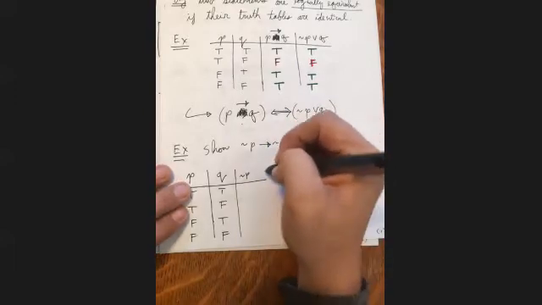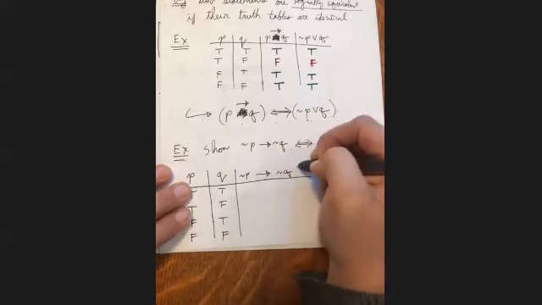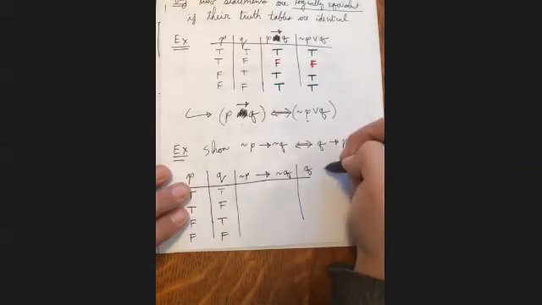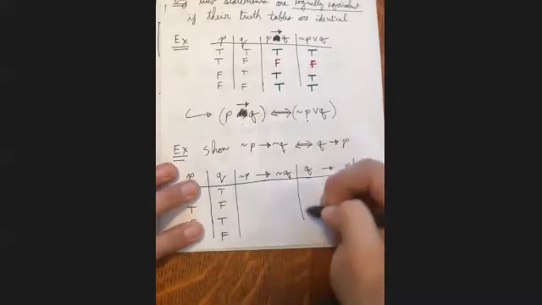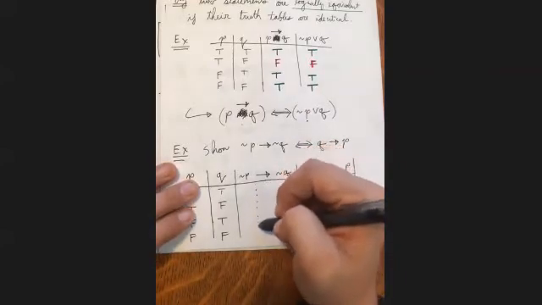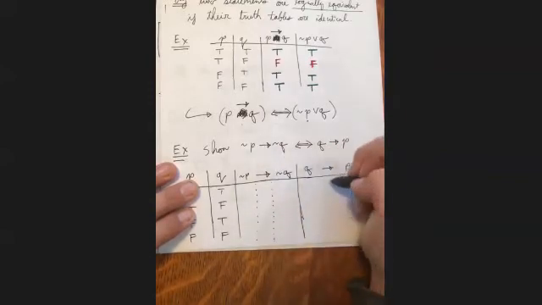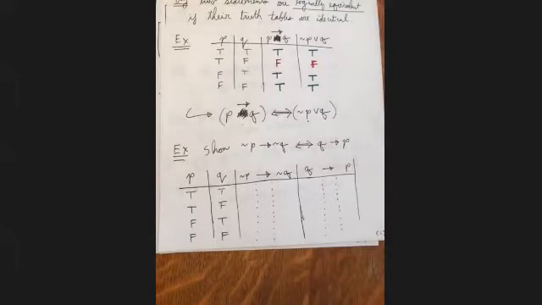Not P implies not Q. And we're going to look at Q implies P. And we're going to use the little shortcut that the book uses by essentially imagining an invisible column here for the connective implication symbol so that we don't have to write extra columns.